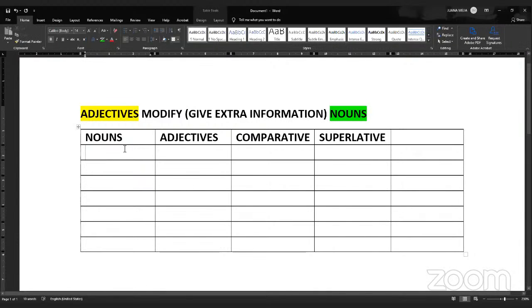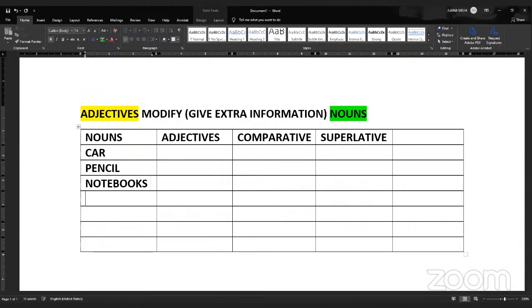For example, we can say the basic ones, of course: pencil, notebooks. We can also say cell phone, person. Let me think of another one.